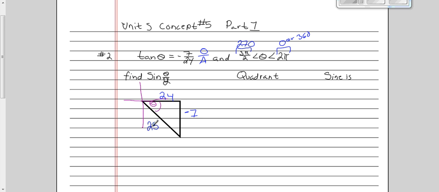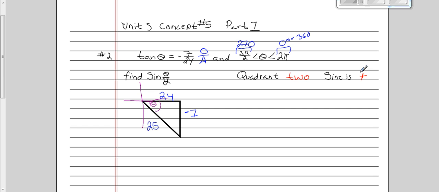Now, when we're dealing with our quadrant over here, remember we want to know what the half angle is going to be. So what quadrant is the half angle going to be? If you use your little section on the top of this concept, it tells you when the half angle is between 270 and 360, that the half angle is in quadrant 2, which makes our sine value positive.